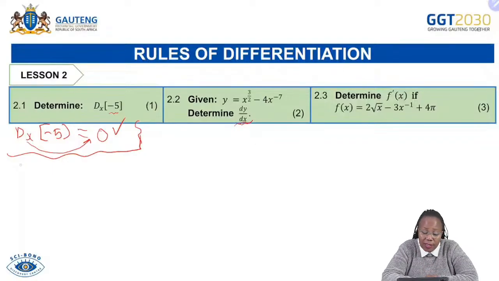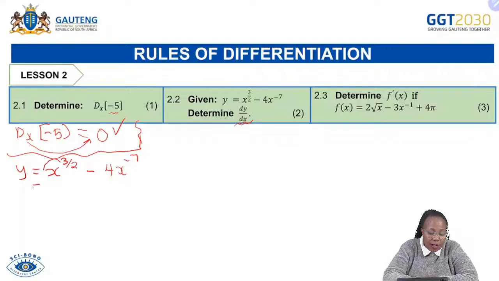So now let's see. Do we have to simplify anything? No. The problem is straightforward. y is equal to x to the power 3 over 2 minus 4x to the power minus 7. So it's the coefficient multiplied by 1. Okay, the notation first, grade 12.